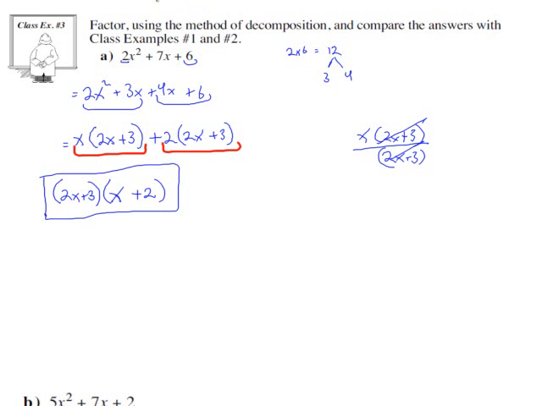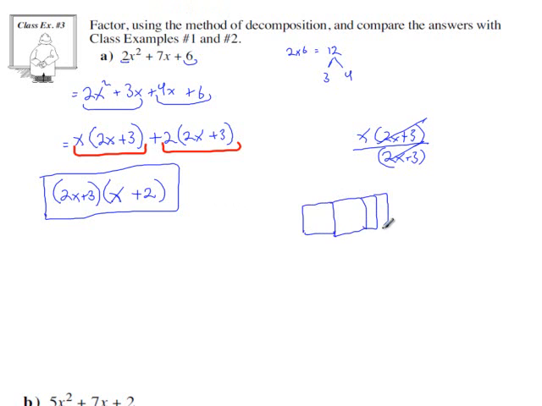If you had solved this with algebra tiles, you would have started with your 2x squared tiles, your 7x tiles, and your 6 1s tiles, and you would have had to play around with them until you got a rectangle.